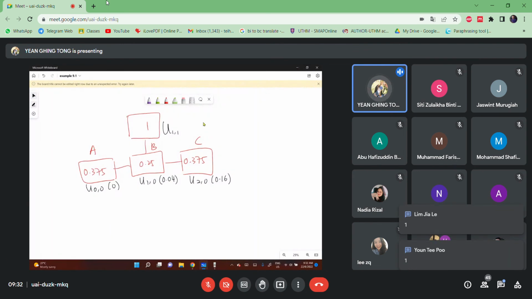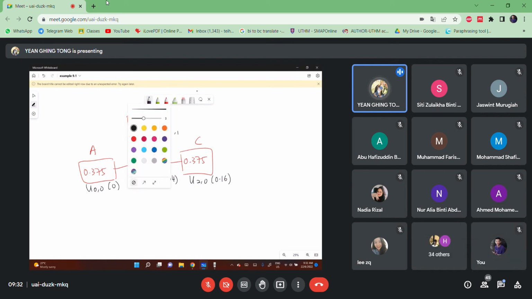Okay, so sekarang saya akan ubah. I will change. Just now U11, right? Now is U21. And this one just now is U00. Now I change to ini, this one. So this is U10, U20, U30.